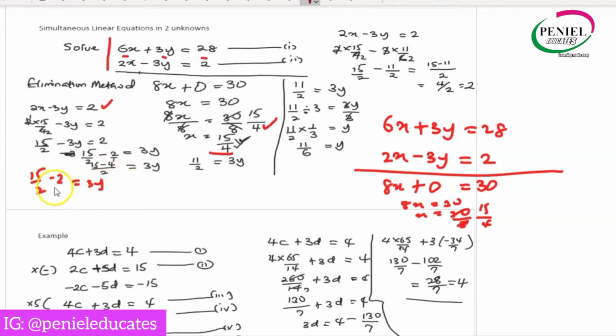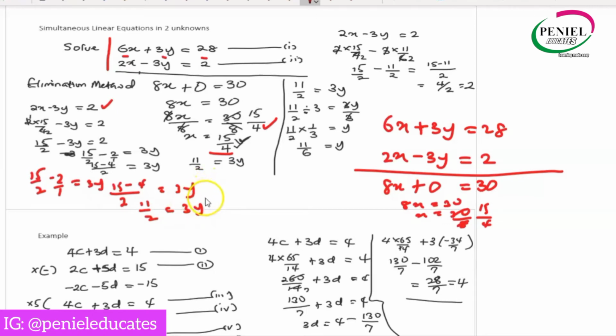So I'm going to have 15 minus 4 over 2, which is equal to 3y. Then I'm going to have 11 over 2 is equal to 3y.